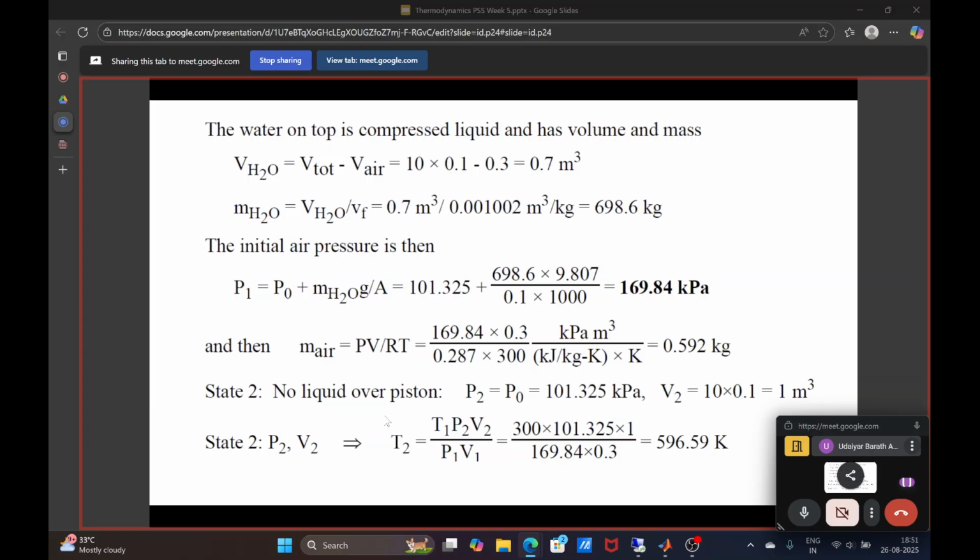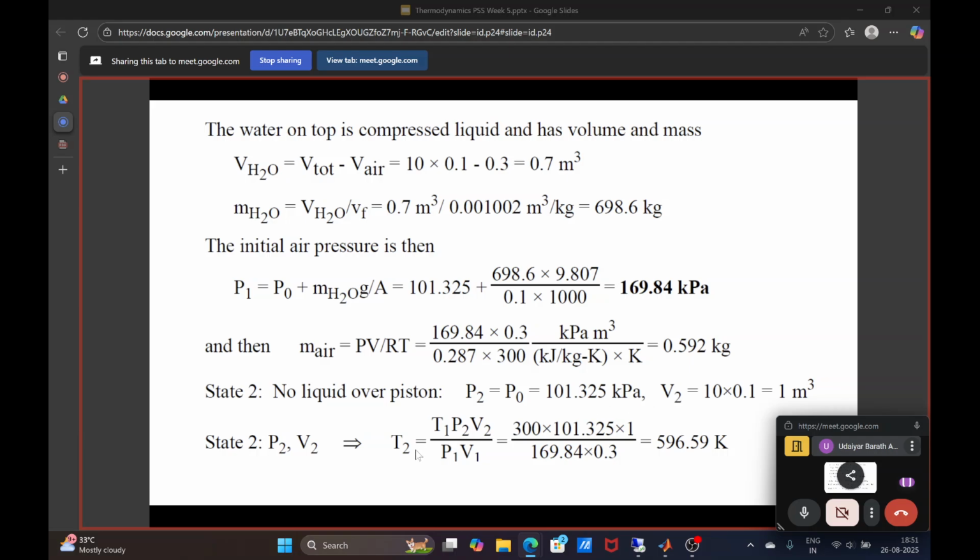The second state is when there is no water present and the piston is at the top. So the pressure now will be only the atmospheric pressure. The pressure balance will be that the pressure exerted by air is equal to the atmospheric pressure. In the second case, we know the pressure, and we know the volume is the total volume of the cylinder, which is 1 meter cube. Using this pressure and volume, my mass is the same.